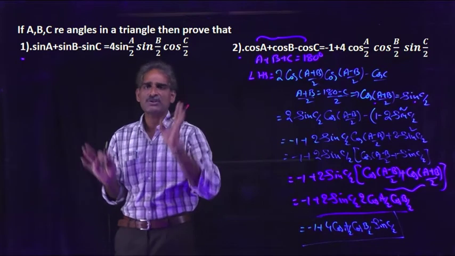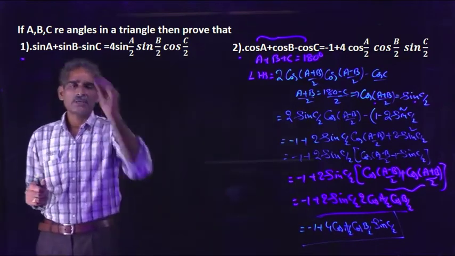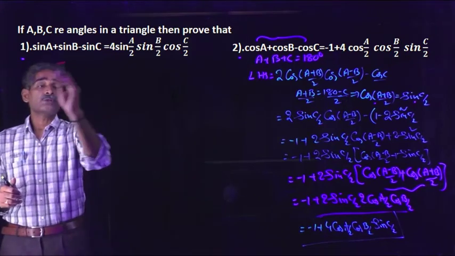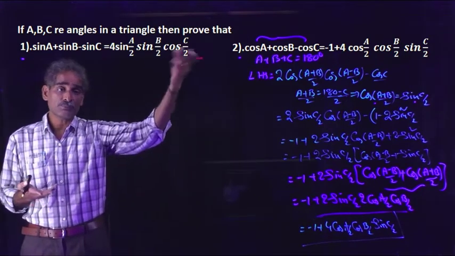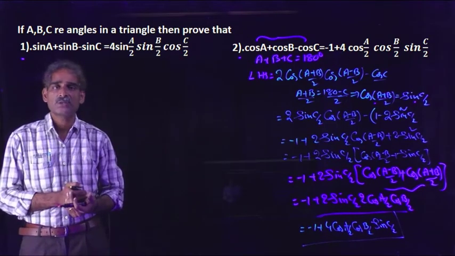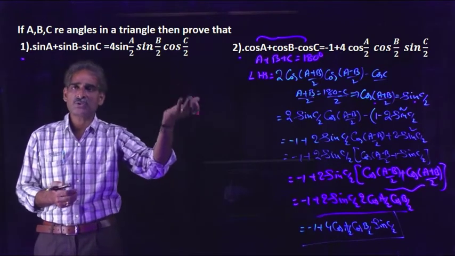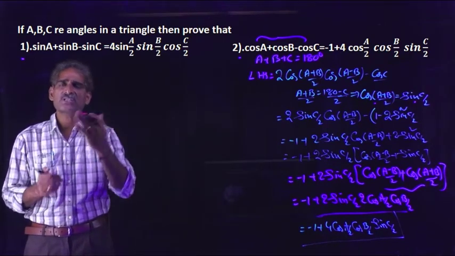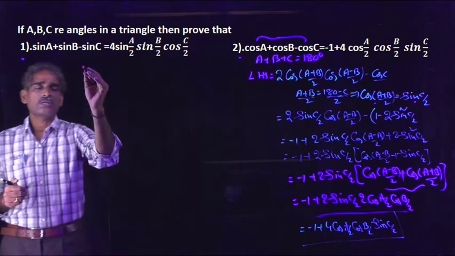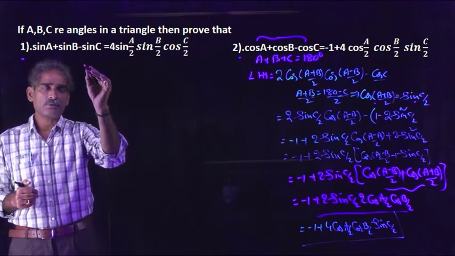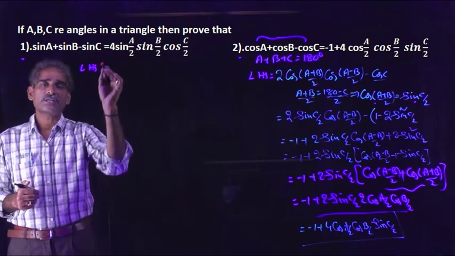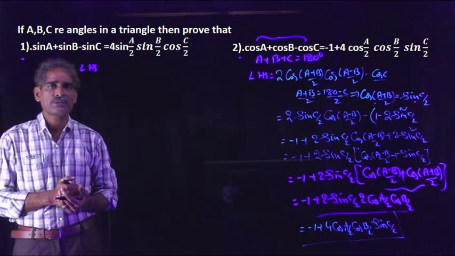Okay, same process. So now take LHS. Some of the members may approach from the right side, RHS, also. We can do this problem from RHS to LHS also, but LHS is convenient for us. So now take LHS. The condition is the same, A+B+C is 180 for this problem also.